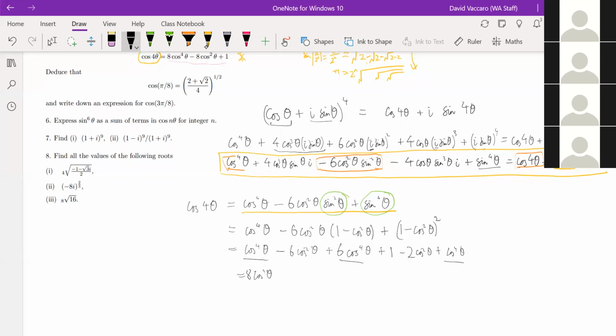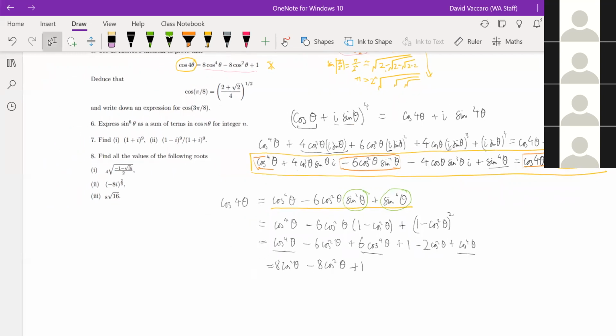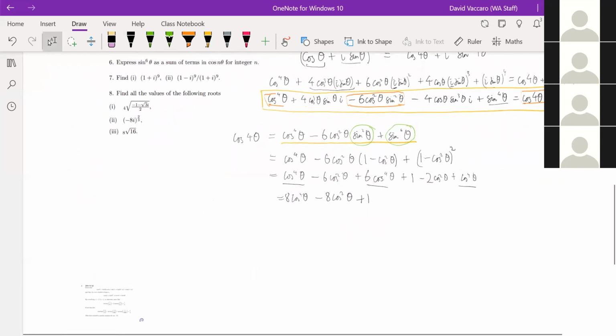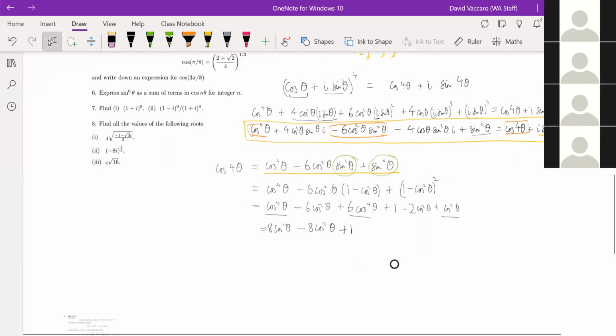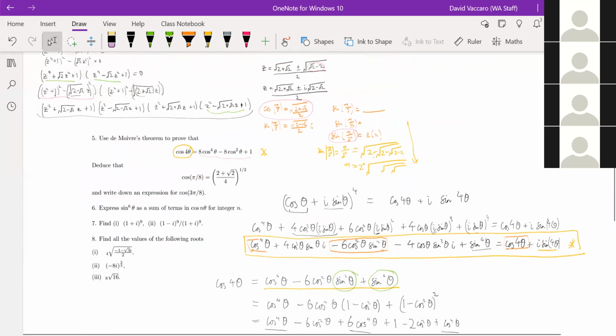When I combine the cos squared theta terms, I get negative 8 cos squared theta, and then I get plus 1. Okay.